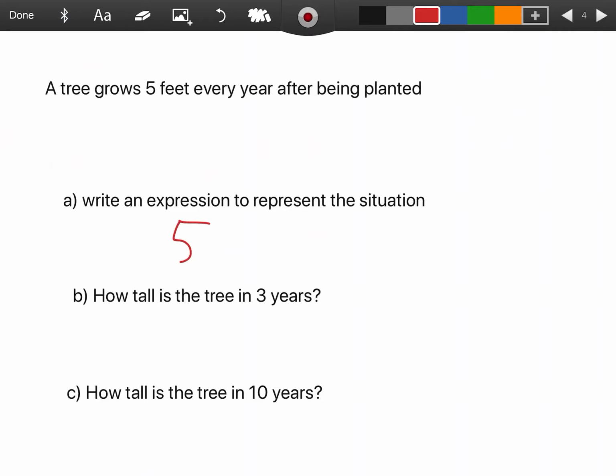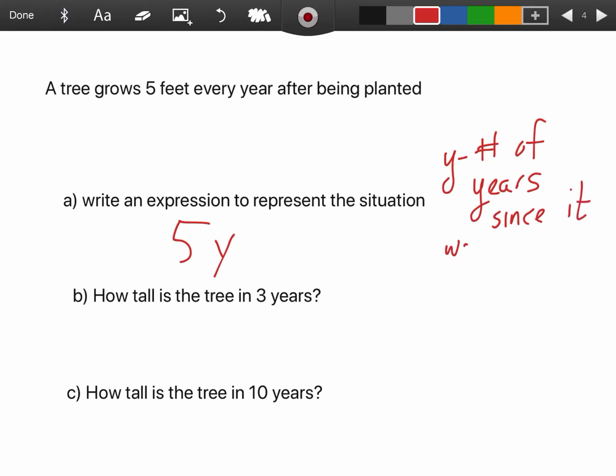We are just going to use y, and I'll say that y is the number of years since it was planted. Then its height will be just 5 times that number y. It's a lot easier to write 5 times y than it is to write 5 times the number of years since it was planted.